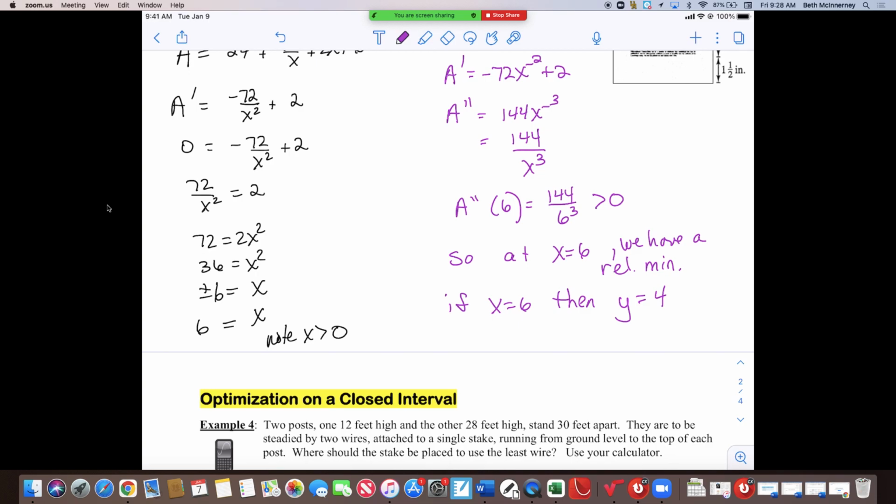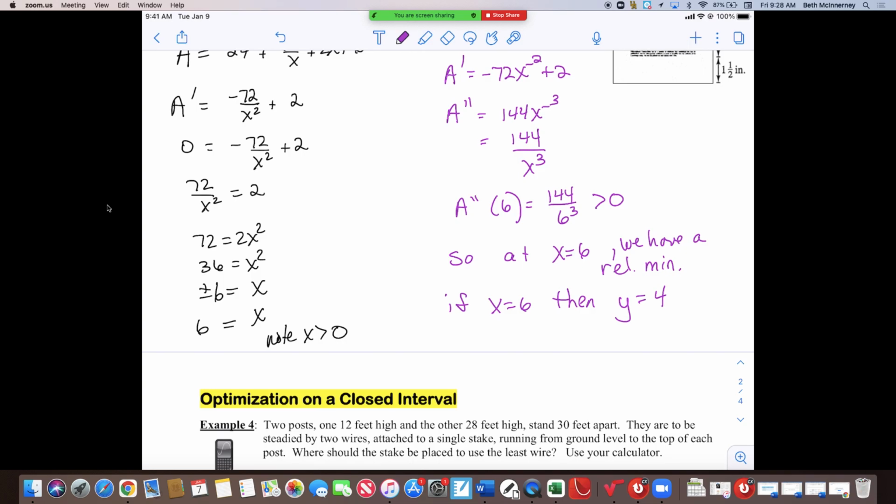So remember, you've got margins on the page. So my answer needs to be, what should the dimensions of the page be so that the least amount of paper is used? It's not 6 by 4. What, in fact, should it be?